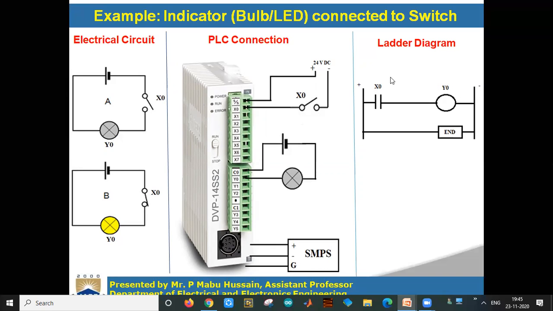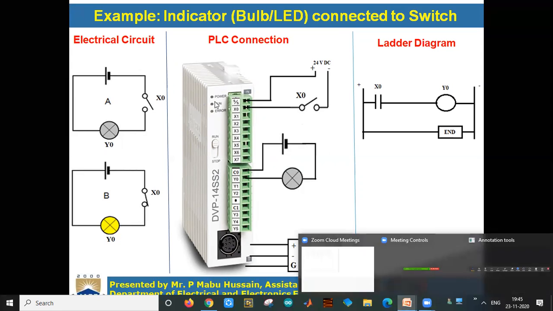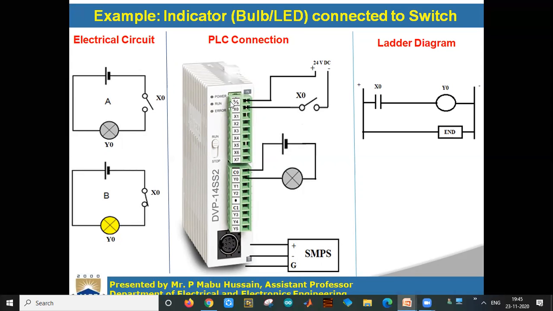These are all software contactors. This coil is a software coil and this is also a software output. As per your PLC connection, when the switch is closed, this 24 volt supply will be connected to your X0. Backside, you will have one connection, S/S to X0.